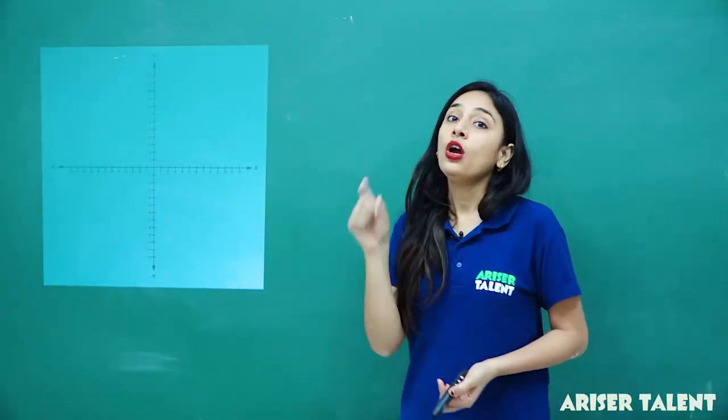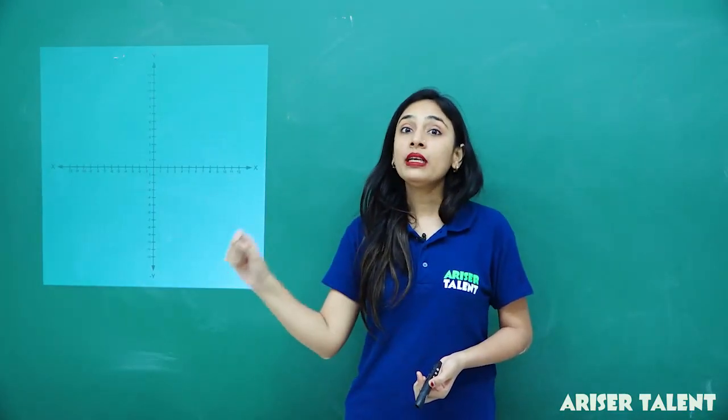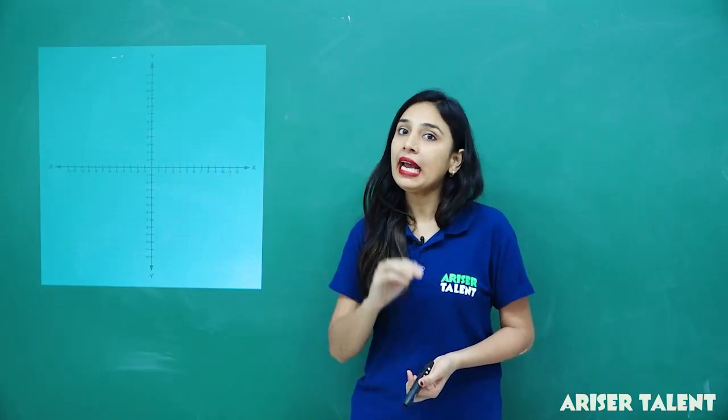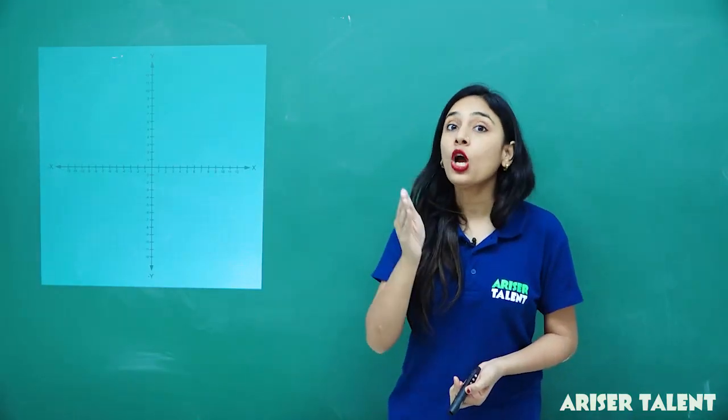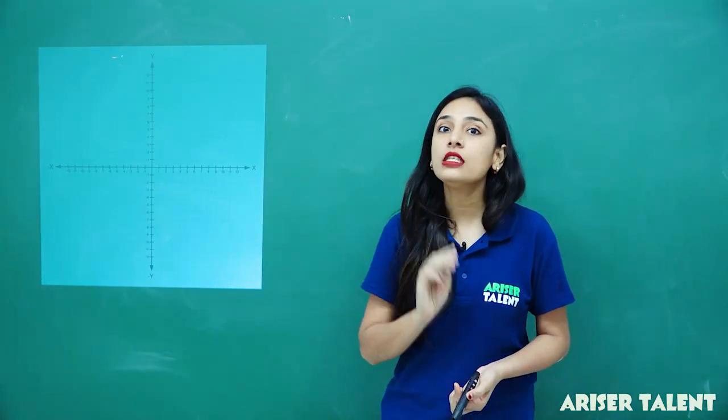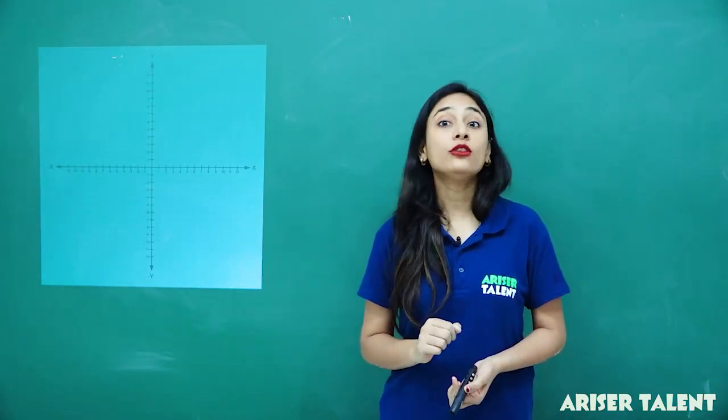If you are having a quadratic polynomial, then you will have at most 2 zeros of polynomial, and if you are having a cubic polynomial, then at most you can have only 3 zeros of polynomial, right students?